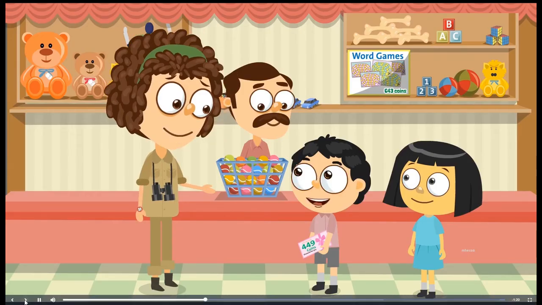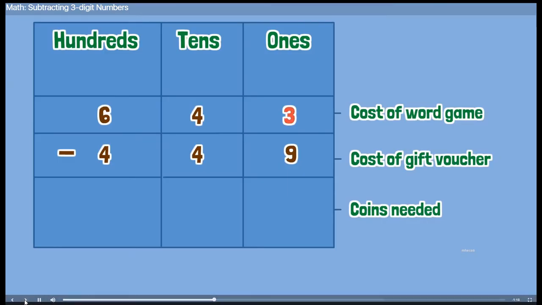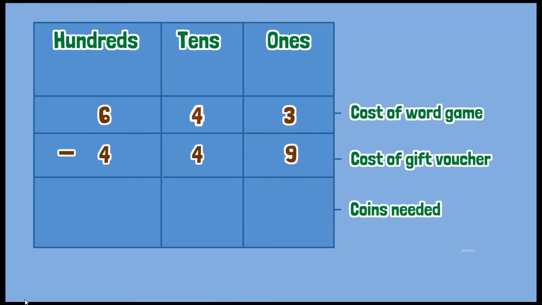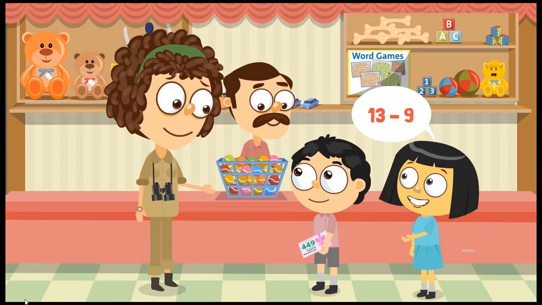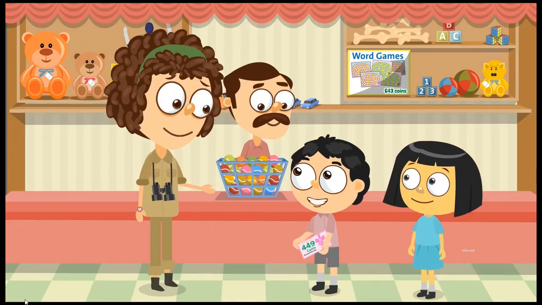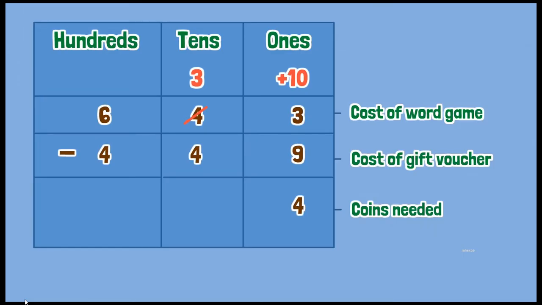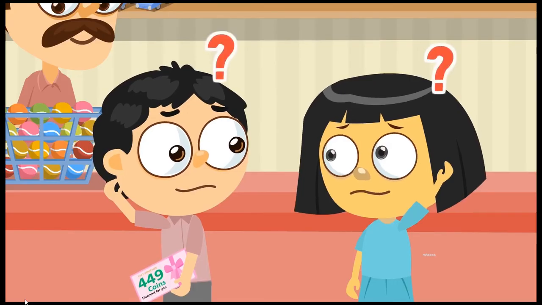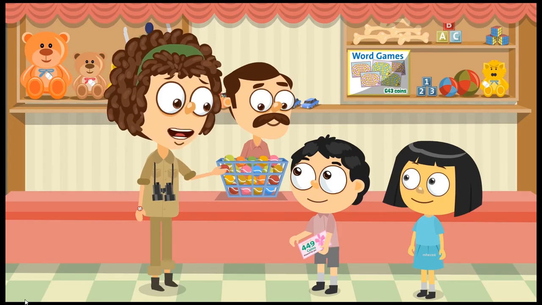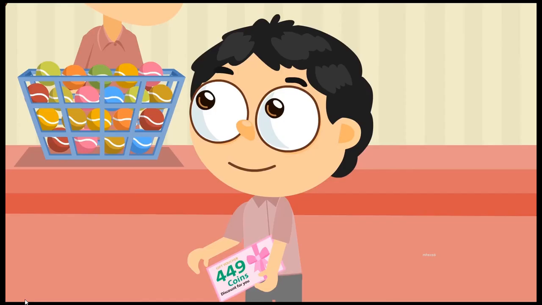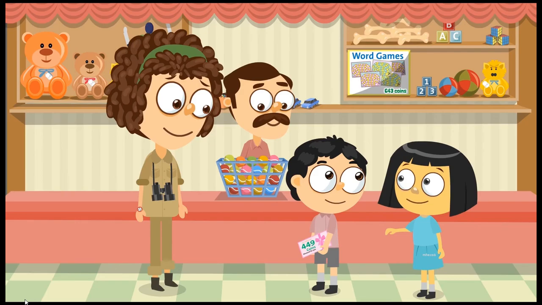Perfect. So, we'll start with 3 minus 9. Borrow from the tens, please. 3 will be left behind as we borrow 1 10 and add it to the ones place. 13 minus 9. 4. Now, it's 3 minus 4 in the tens column. Could we borrow from the hundreds place? Could we? Let's try.